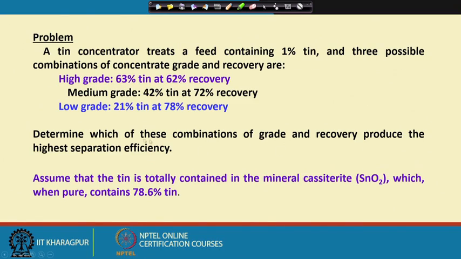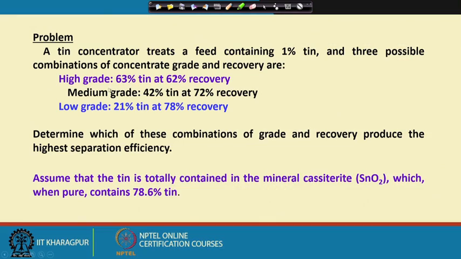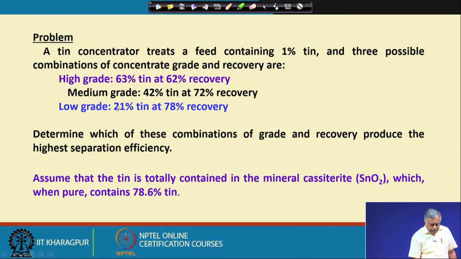But please do remember that we have only discussed the metallurgical efficiency. This process looks to be more efficient, but does it guarantee the best economically efficient process? First, I have to look at whether there will be any client who will accept this grade of tin, who will buy this 21% tin.